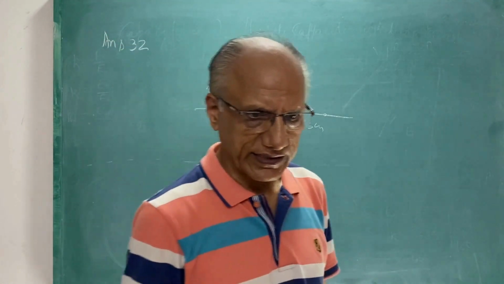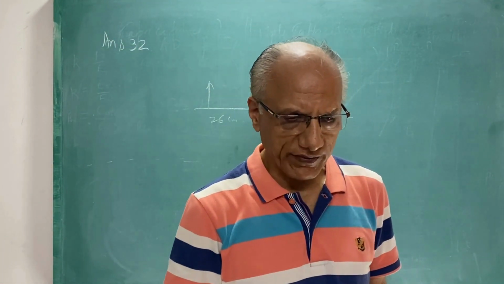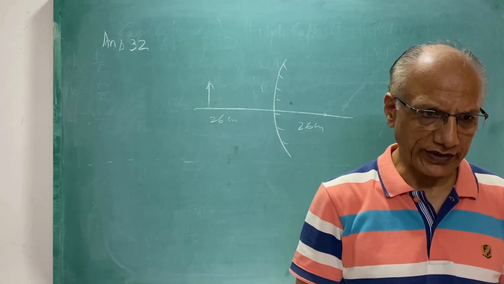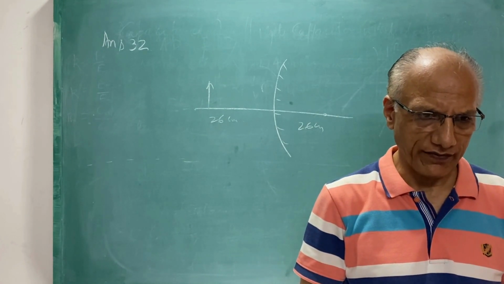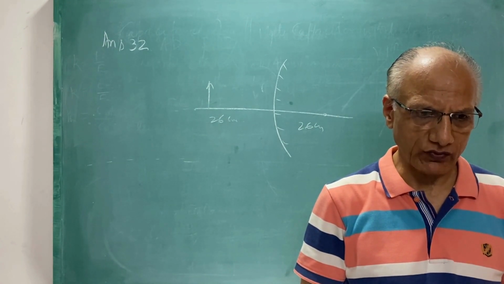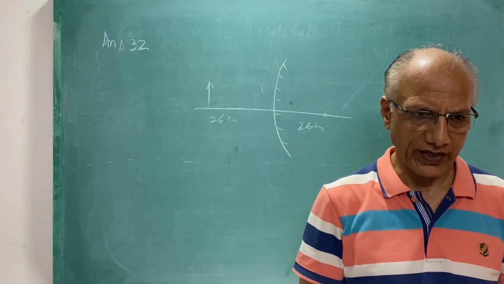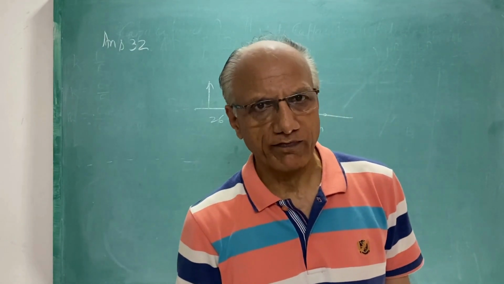And the second, the reason, is: for the above given system, the equation 1 upon f equals 1 upon v plus 1 upon u gives v equals infinity.